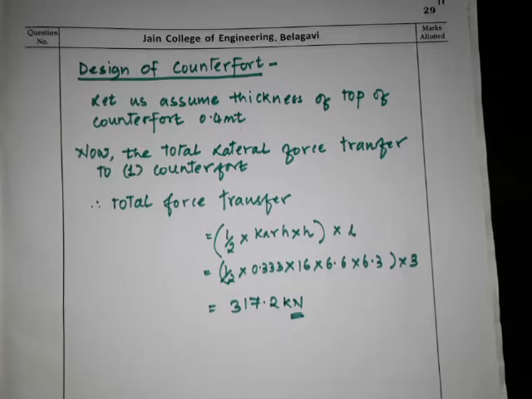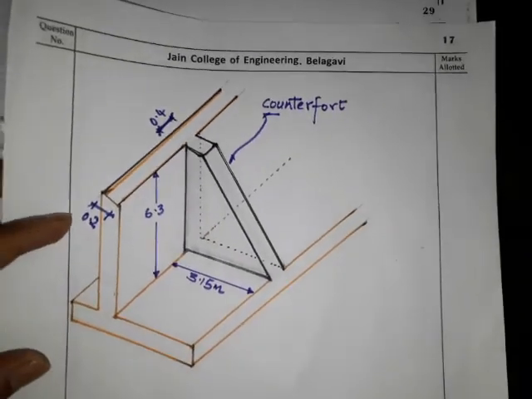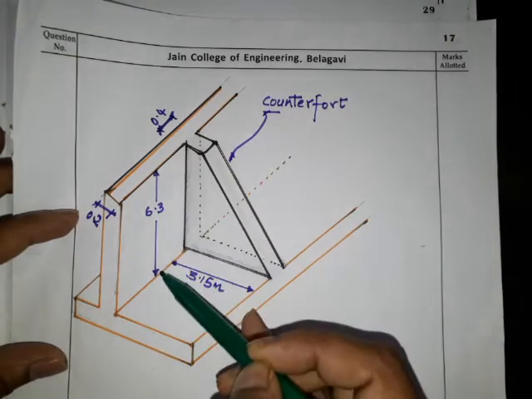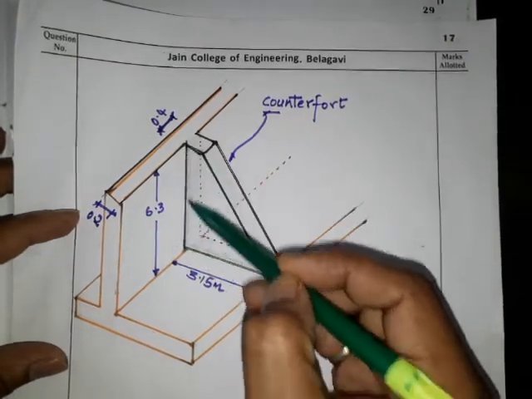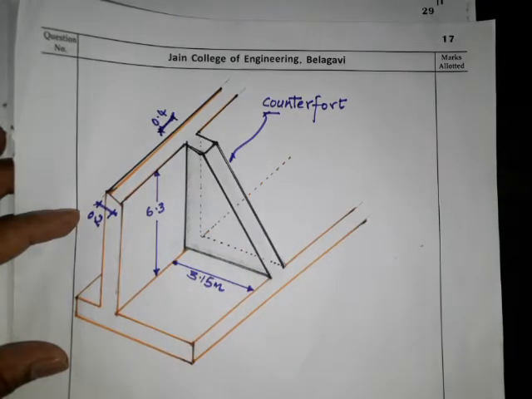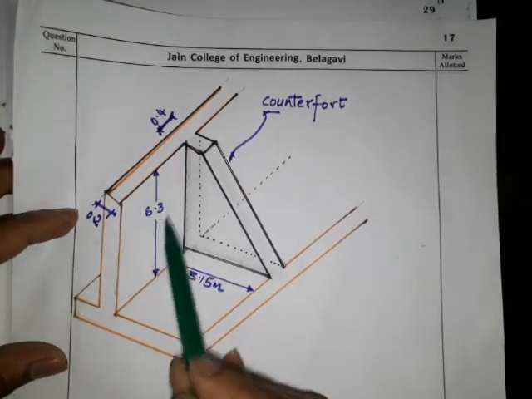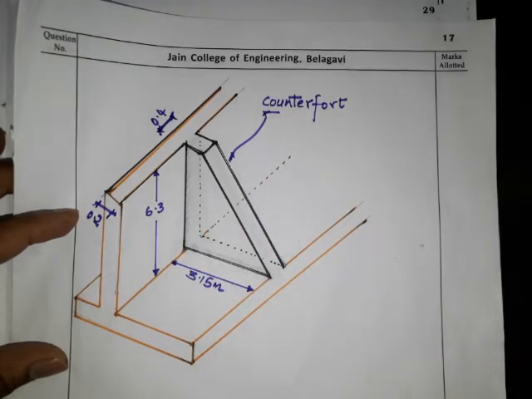I'll explain this now. First of all, the pressure is K into gamma into H. This is the height of the counterfort that you can see here. So K into gamma into H, where H is 6.3 and the soil here has density 16.